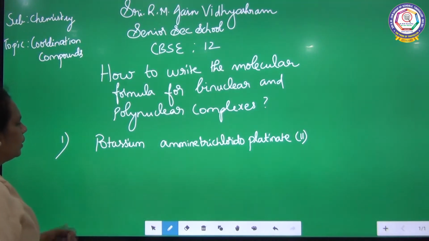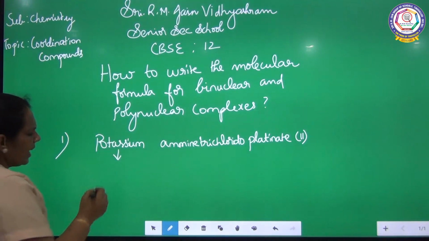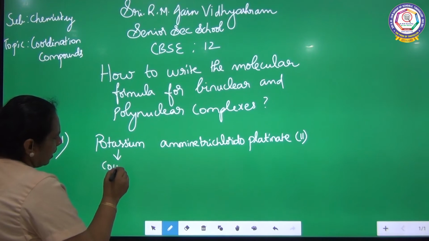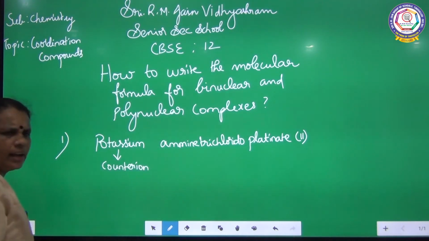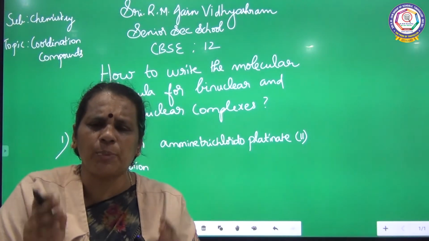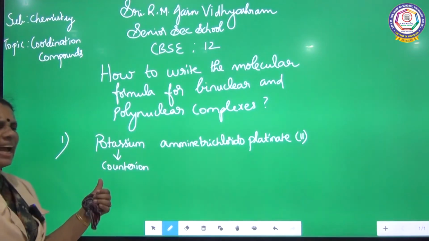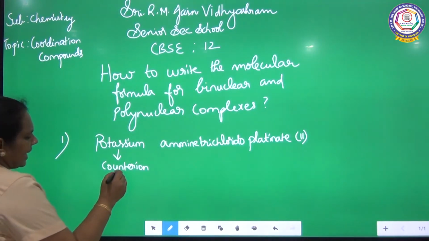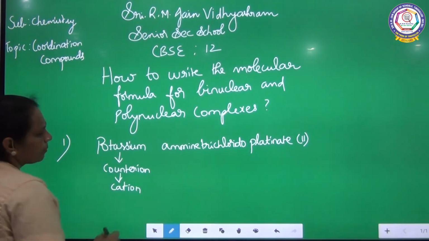So here you take this potassium. It is a counter ion. Already I told you about counter ions. Counter ions are ionizable species present outside the square bracket. So potassium is a counter ion, which is a cation, positively charged.